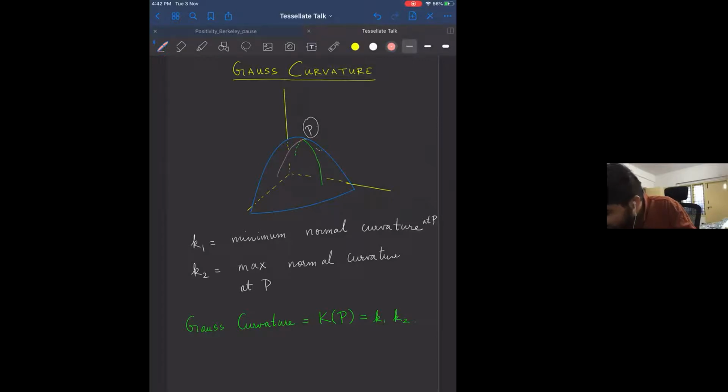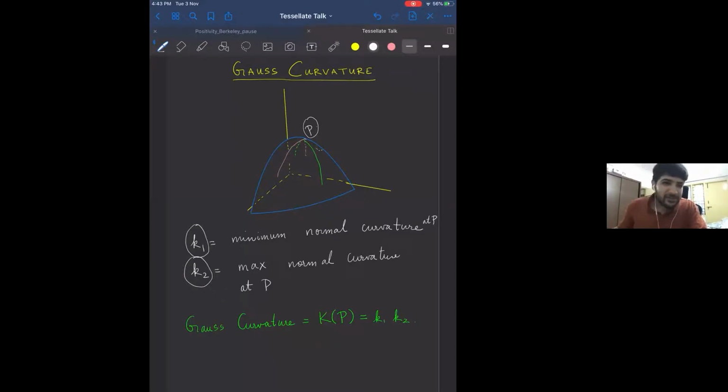And then comes out from behind. So I take all possible curves and I calculate the maximum possible normal curvature. I call that K2. I compute the minimum possible normal curvature. I call that K1. And the Gauss curvature is defined to be the product of these two.